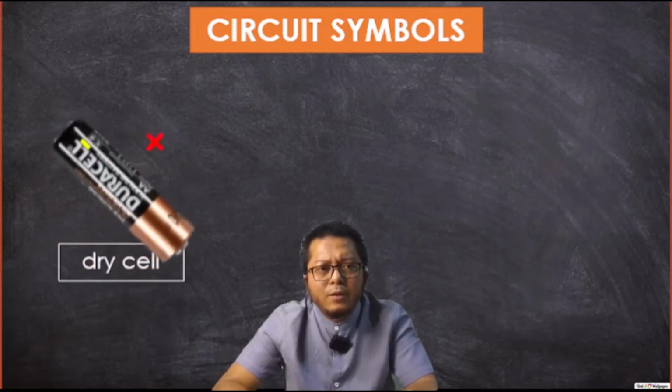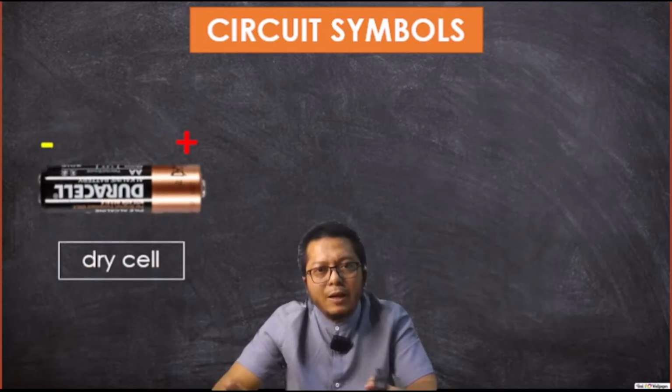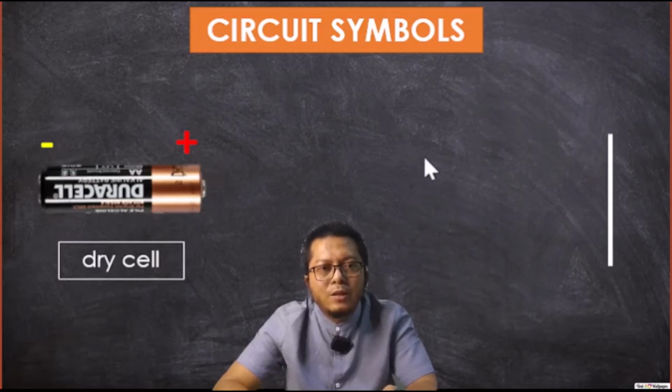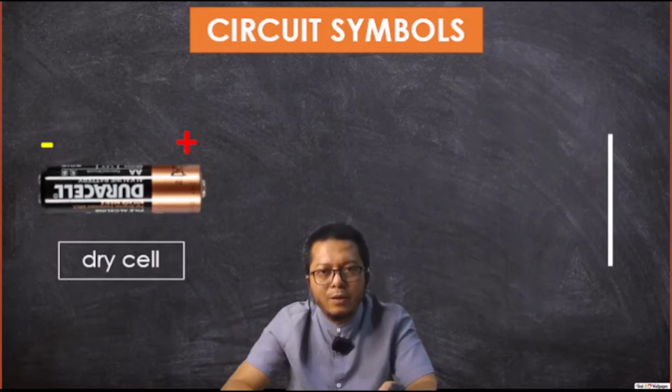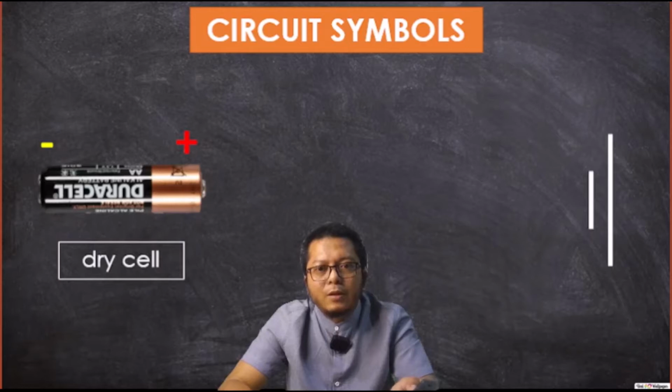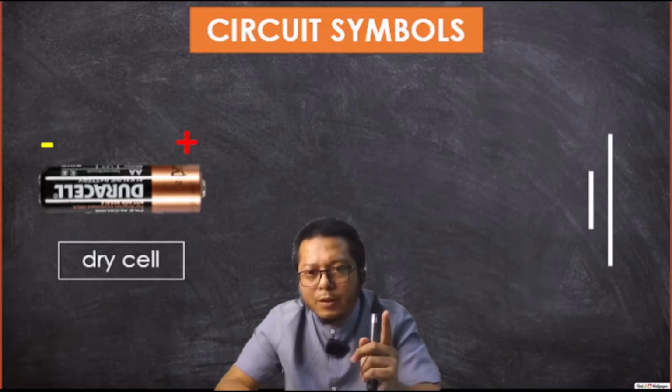So next, if it's on the other side, the positive terminal is on the right side and the negative terminal is on the left side. So this is how we draw. The longer line would be on the right side, and then the smaller one. Wait a second.